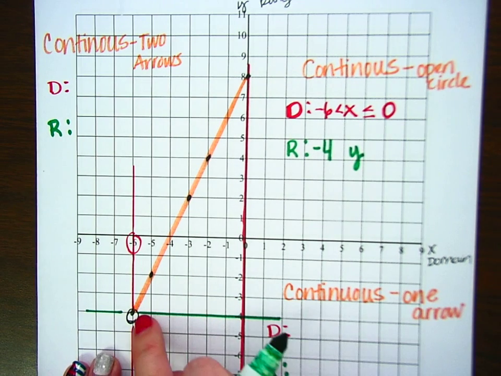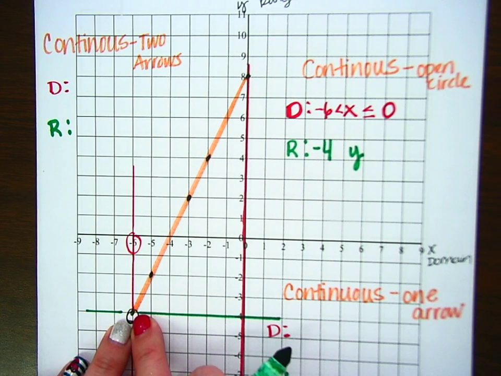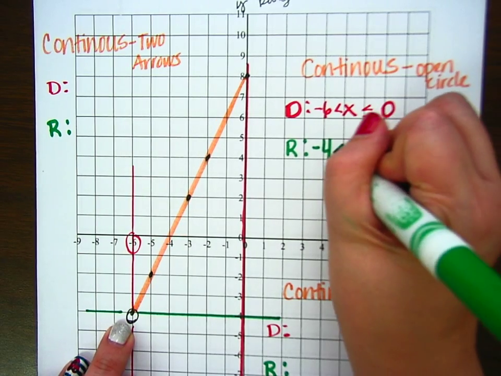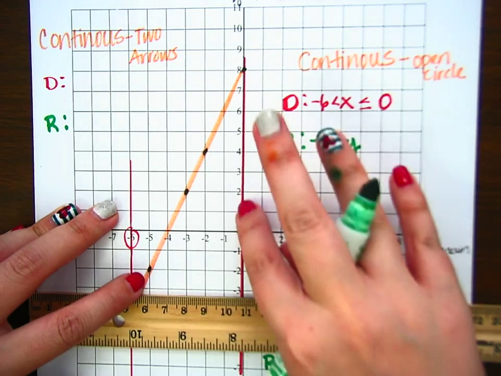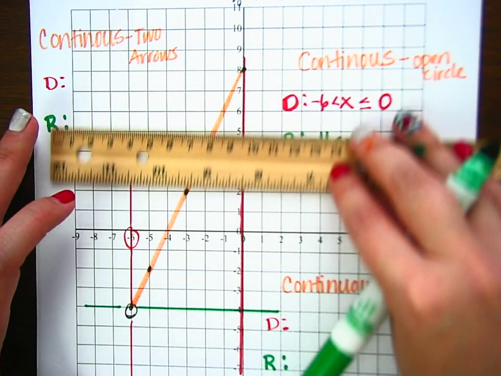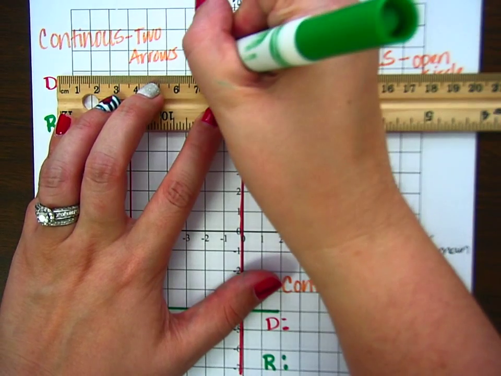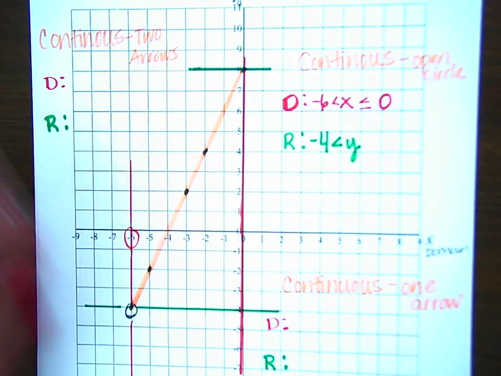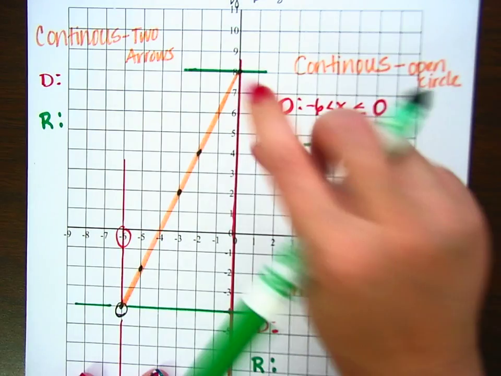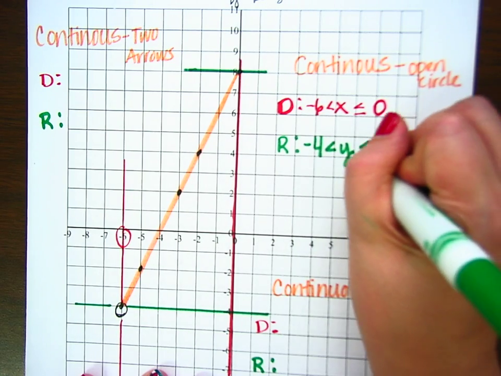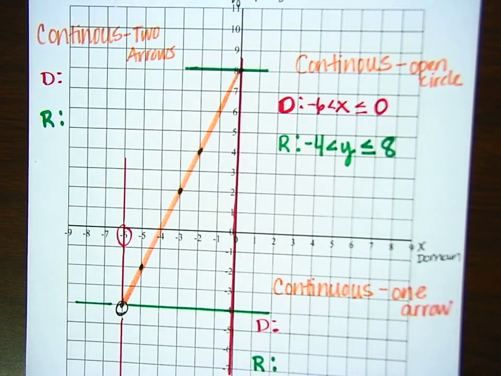And I see at -4 I have an open circle, okay, which means I need a less than symbol. And then if I keep following the line and going along the y-axis, the maximum value is going to be at 8. Okay. And there's a closed circle at 8, so I need less than or equal to 8.